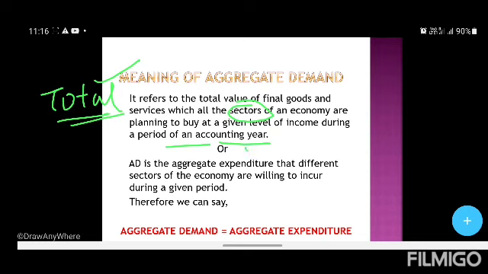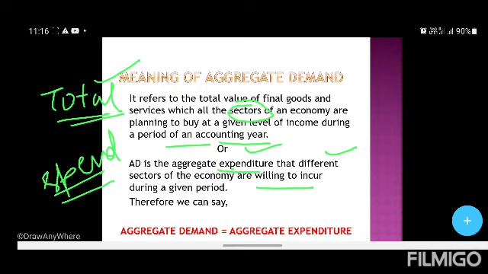Or we can also say, because we actually spend our income on the demand, therefore, the aggregate expenditure that different sectors of an economy are willing to incur during a given period of time, that is also called aggregate demand. क्योंकि हम अपनी डिमांड पर ही एक्सपेंडिचर करते हैं, therefore aggregate demand is equal to aggregate expenditure.